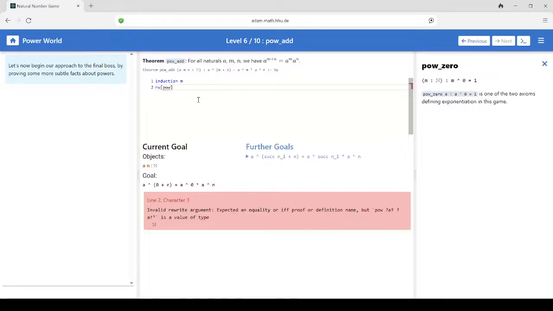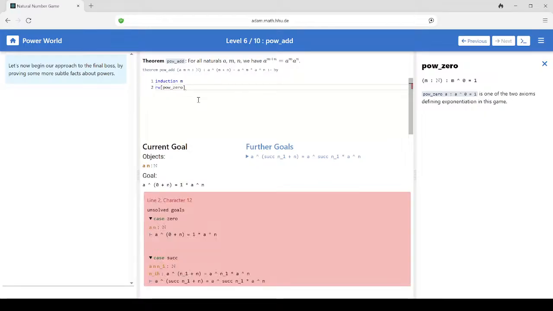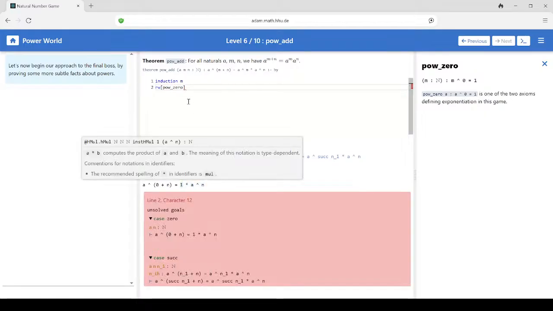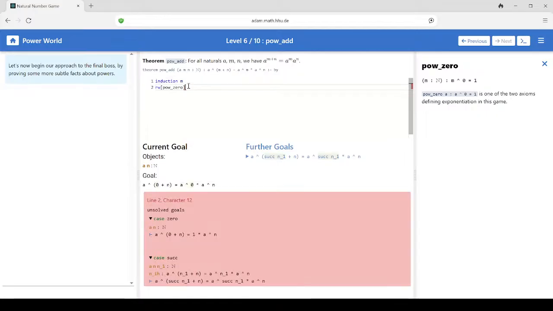Rewrite pow 0. We get this one at least. We get 1 times this.